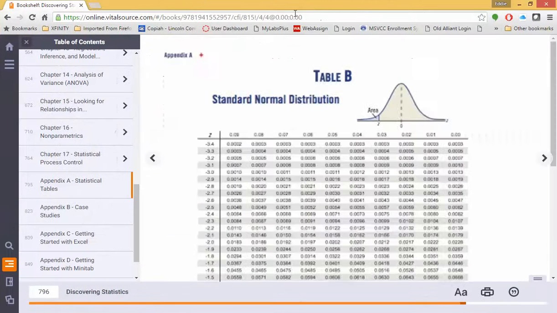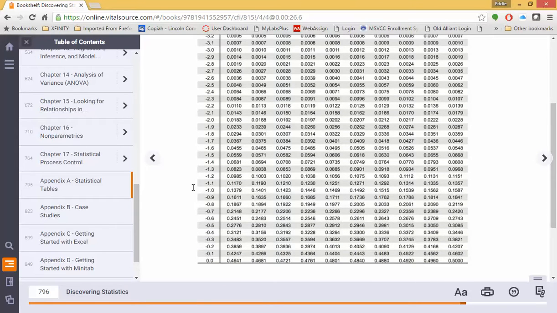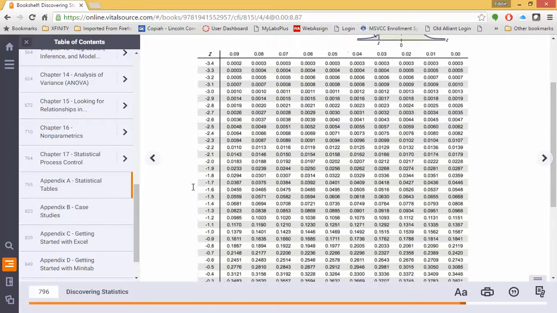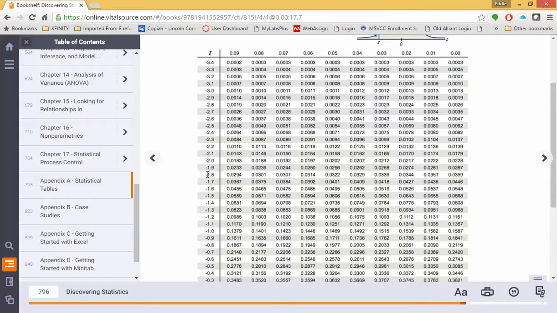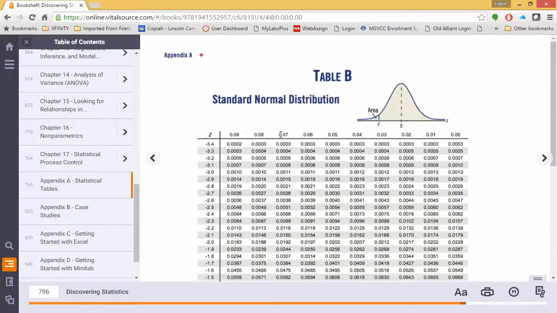Alright, so you see right here, this has the negative z-scores. I wanted to find the z-score for 0.0 first. All z-scores are always rounded to 2 decimal places, and if I wanted 0.0, it's on both tables, but here's 0.0 and then here's the hundredths digit at the top.